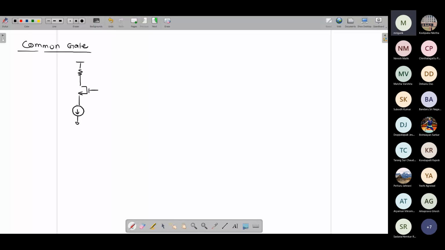Common gate, interestingly, can be used as a current to voltage amplifier and also a voltage to voltage amplifier. When we use it as a current to voltage amplifier, the input is a current source and the output is a voltage. In the other case, for a voltage to voltage amplifier, the input is going to be a voltage. So depending upon whether my input is current or voltage, I can have appropriate input conditions.